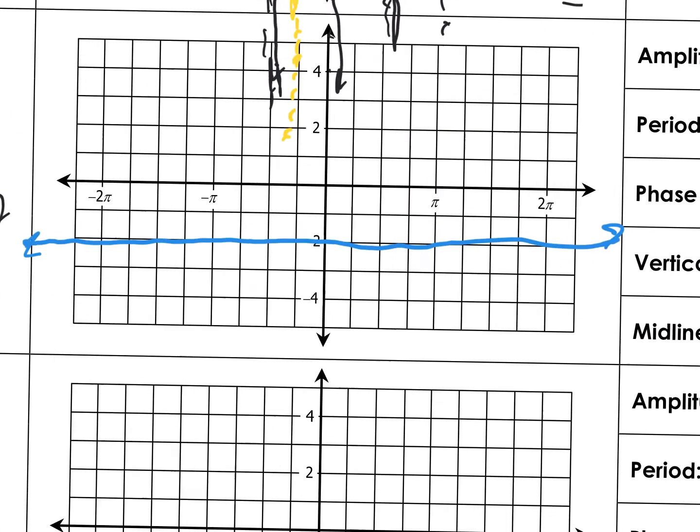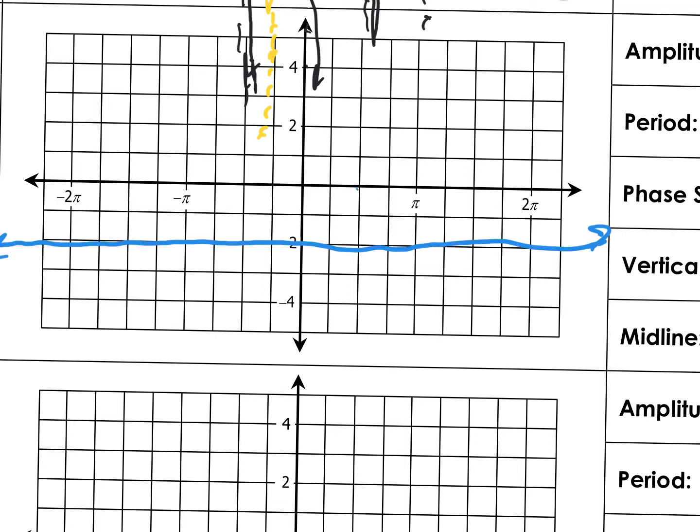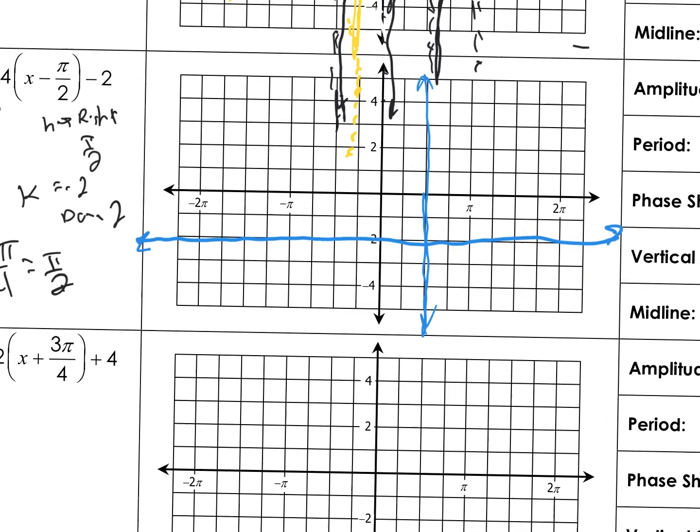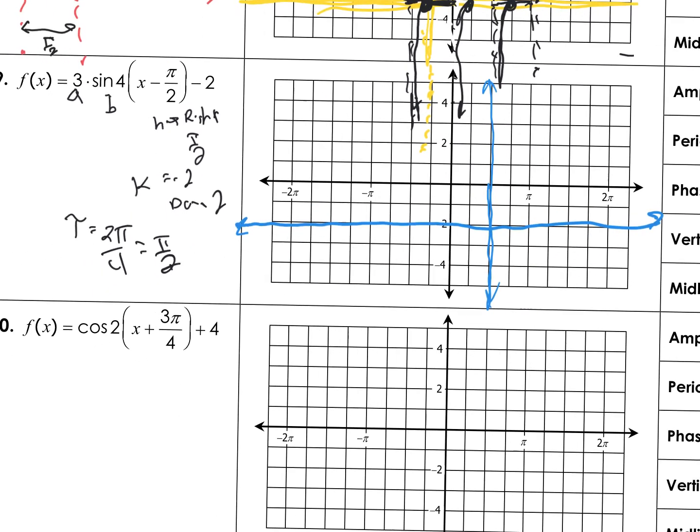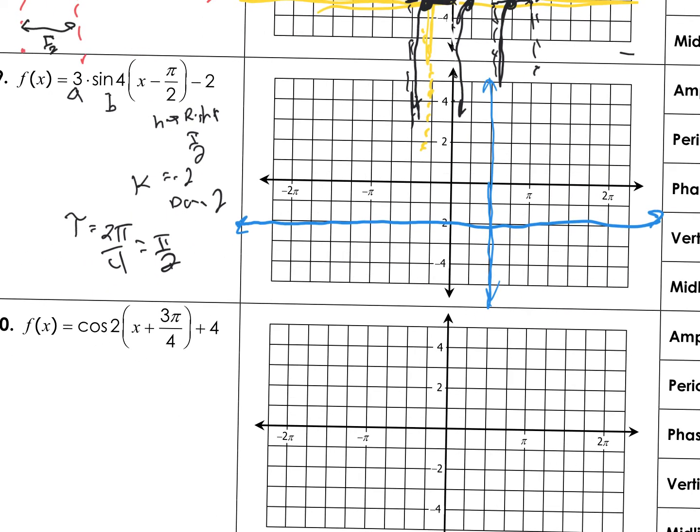Right pi over 2 would be half of between pi, so there I am. There's my new pretend y-axis. So starting there will obviously be where my first dot goes. And my period is pi over 2.